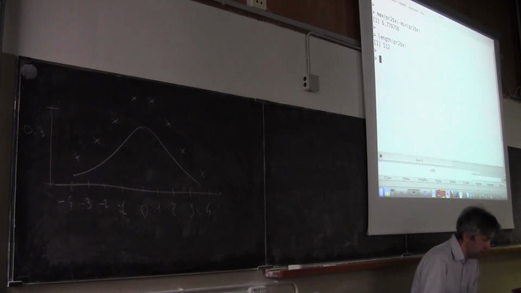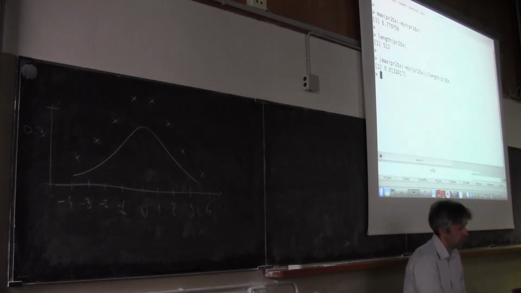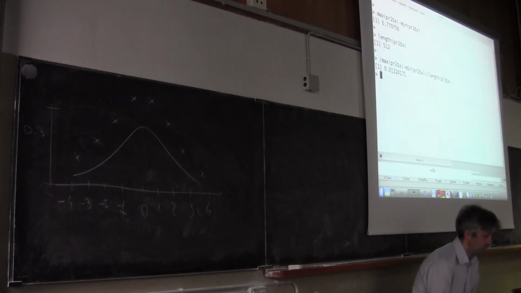So let me compute now the delta x, the range divided by length of PR2x. This is the delta x.